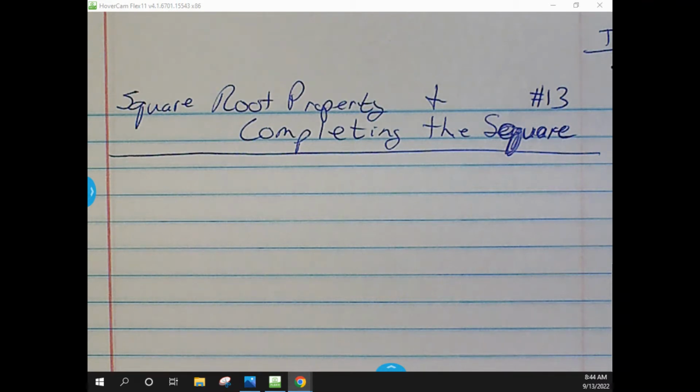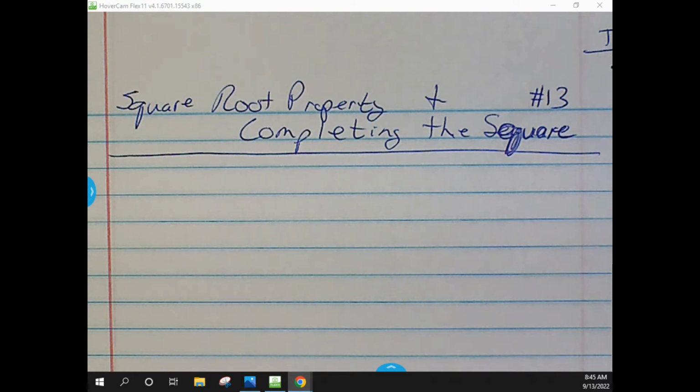These are some other things you can do in place of factoring, in place of the quadratic formula. So just some other options to help you solve. All right, so when you're doing square root property, there's a couple of different ones that we'll do. We'll show you both of these and how it works for this part of it.